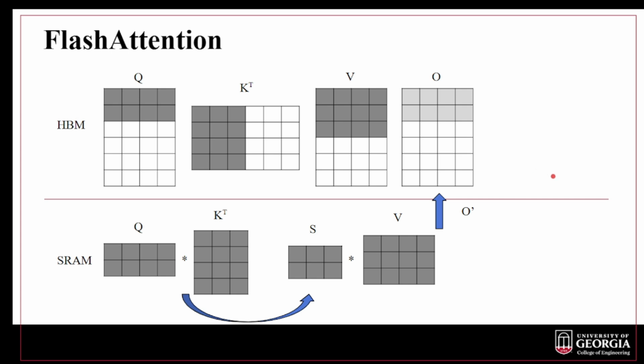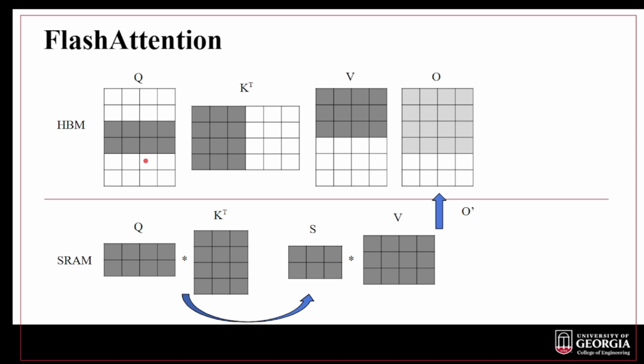Later, we will continue to update O as we process more blocks. Next, the K transpose and V blocks remain stored in SRAM, and we proceed to load the next two rows of Q from HBM, like this. After performing the same computations, we obtain the intermediate result for the third and fourth rows of O.